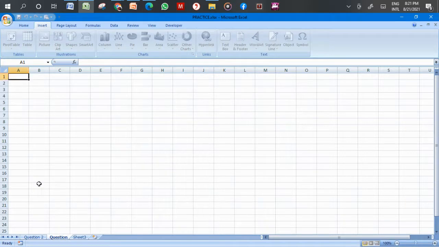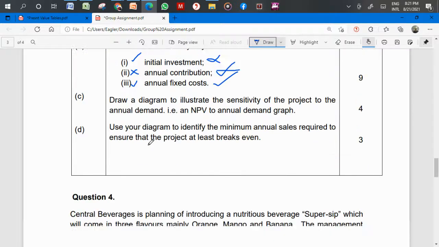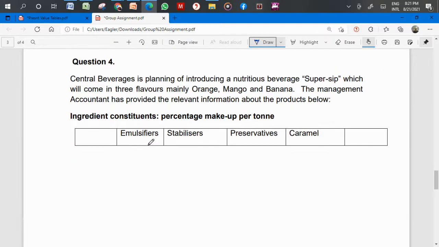Linear programming one. So the trick on number 3 is coming out with the model. So here it's saying Central Beverages is planning on introducing a nutritious beverage, Super Sip, which will come in 3 flavors: orange, mango, banana. The management accountant has provided the relevant information about the products below.